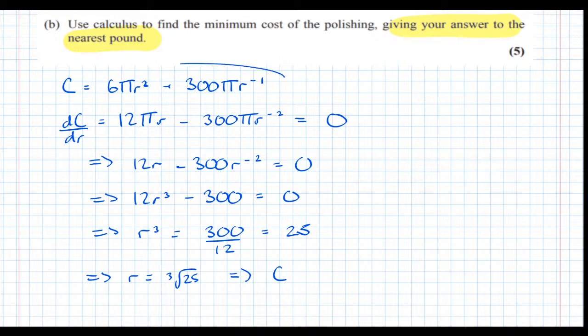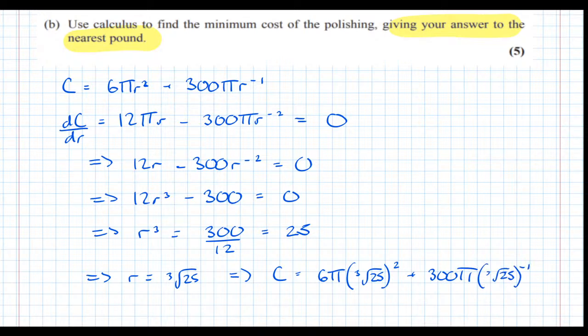So c equals, let's put it back in that formula there, 6 pi times the cube root of 25 squared plus 300 pi times the cube root of 25 to the minus 1.